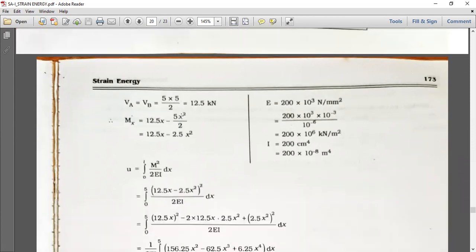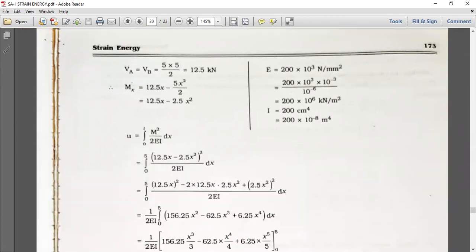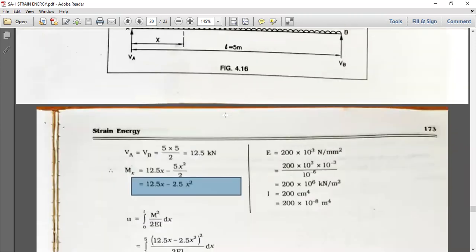Now we can use our formula U is equal to the integral from 0 to L of M square upon 2EI into dx. The main part of the example is to find the values of Mx from the study of mechanics of solids.